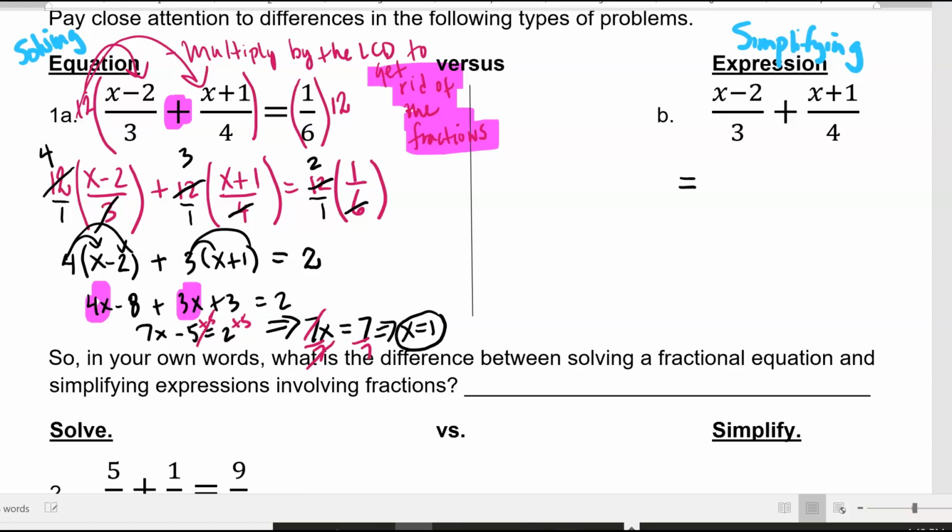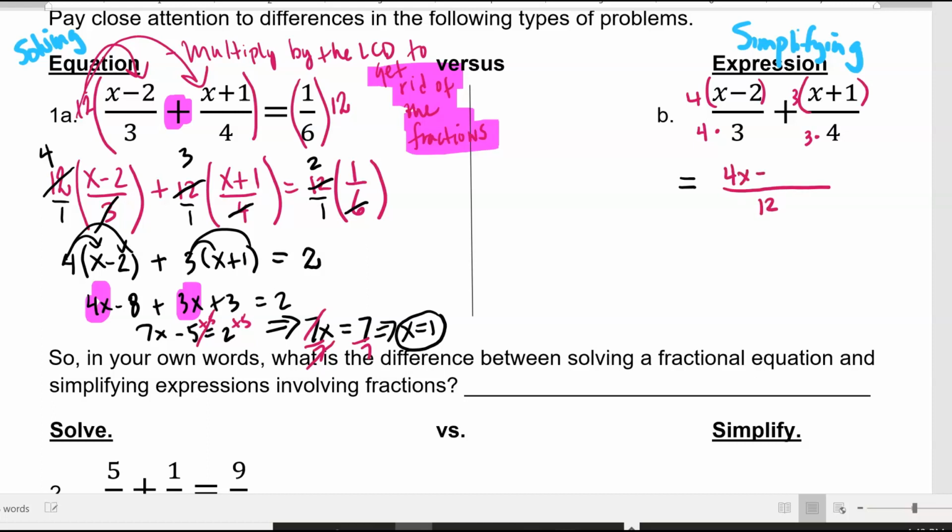How do we start? We start with the same thing. We start with the LCD. Our LCD is 12. So what we do with that is that we multiply the denominator by what would give us 12. So we're going to multiply 4 on the left side and 3 on the right side. Then we can combine these two fractions as one.